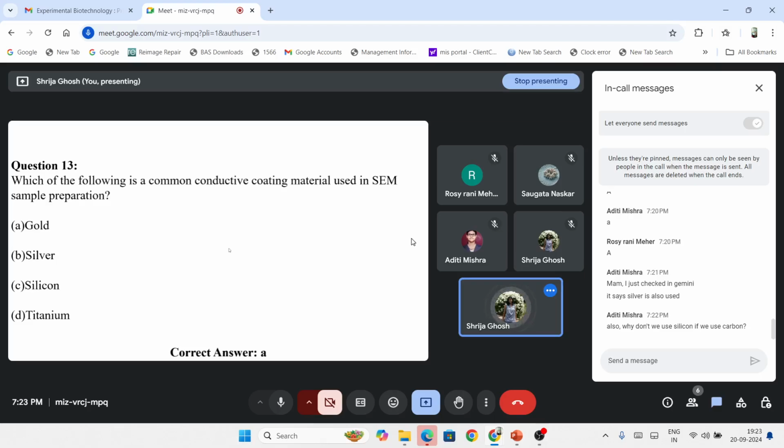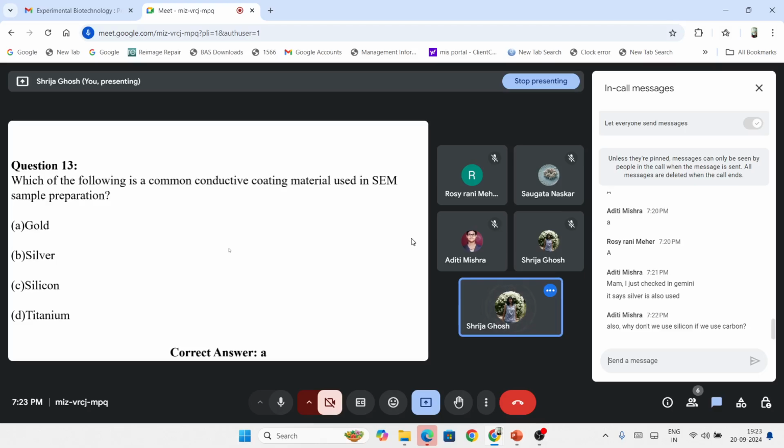Why don't we use silicon if we use carbon? That is what I am saying. We can use a lot of materials, but these are not as conductive as gold. So silicon is not as good in case of SEM analysis. And second thing, sputter coating of gold can be easily done as compared to silicon.